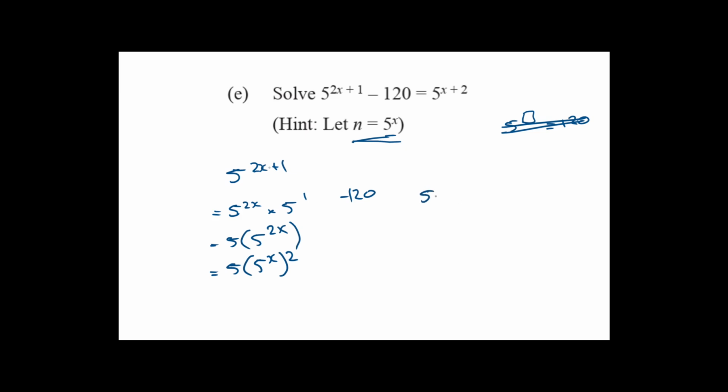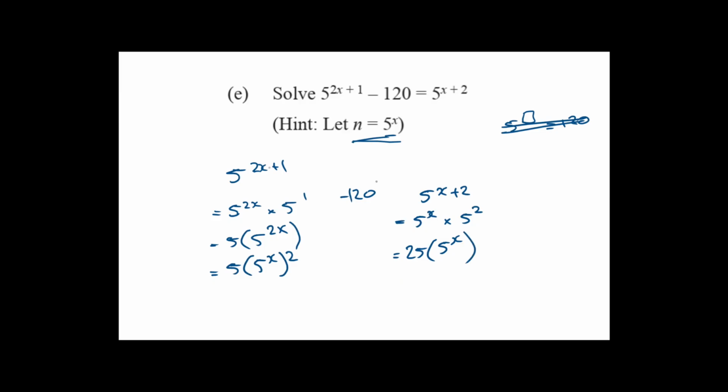The 5^(x+2) is going to be equal to 5^x times 5 squared. Remember your rules of indices. And 5 squared is 25. So this is 25 times 5^x.